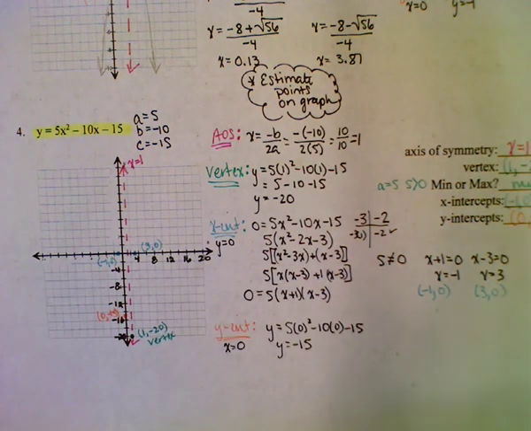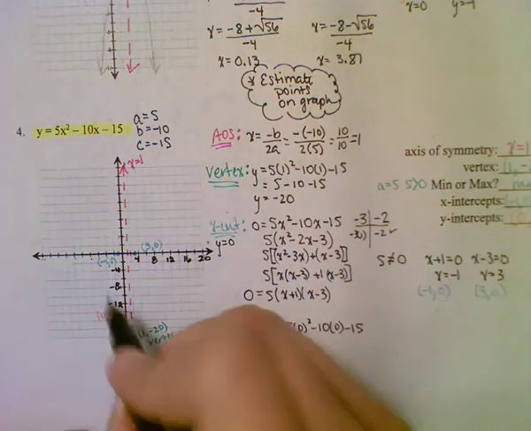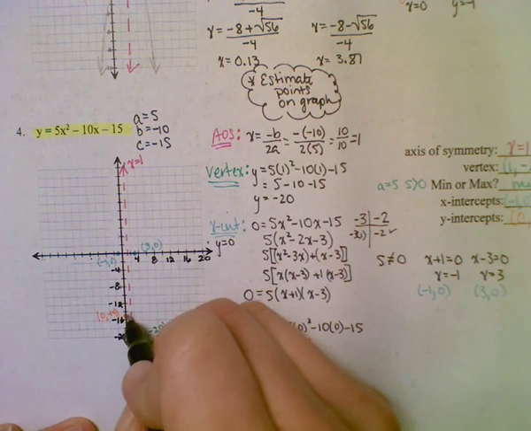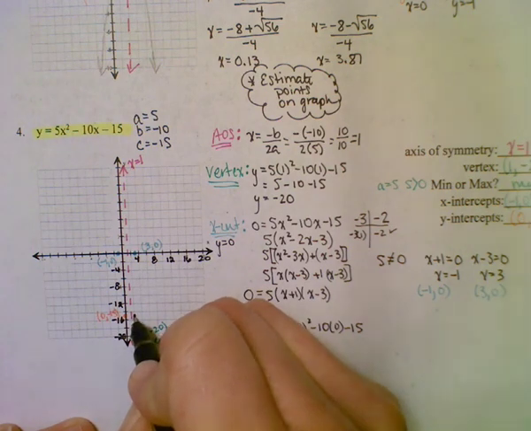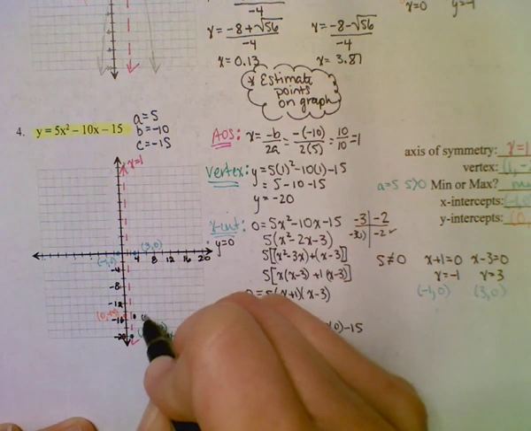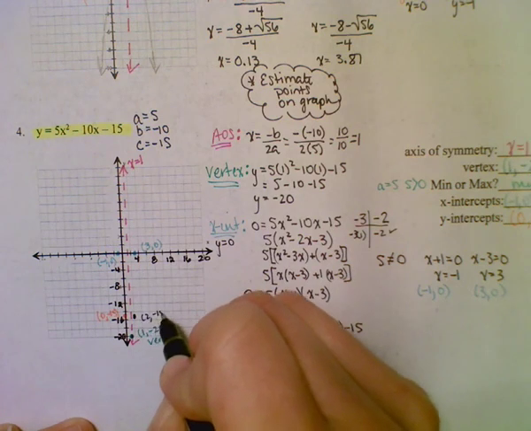So we can take that last point we did, that 0, -15, and we can make the reflection. Well, remember that that's at 1, so 0 to 1 is 1 point, so 1 to 2, right on that other side there, is our other point. So it's going to be 2, -15 for that reflection.